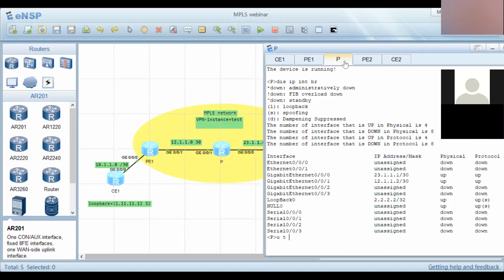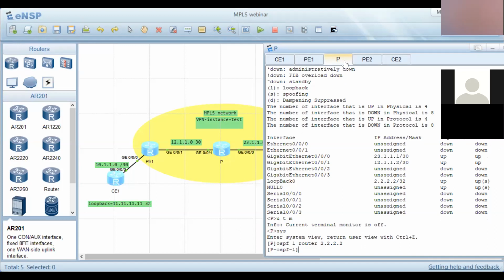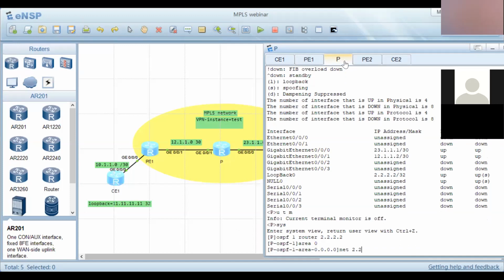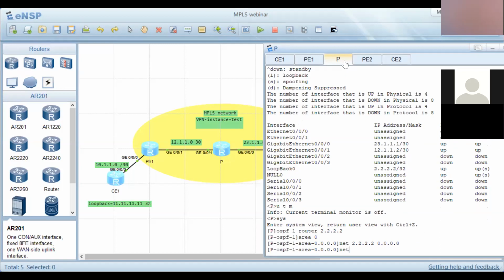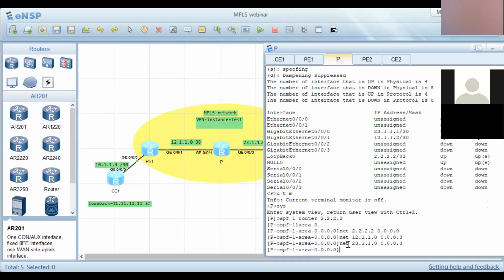The same is going to be done on the P router. So we advertised this network and the one that connects to the PE2 to the OSPF.